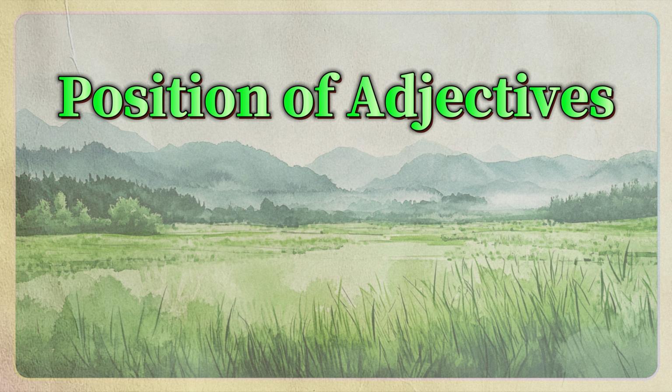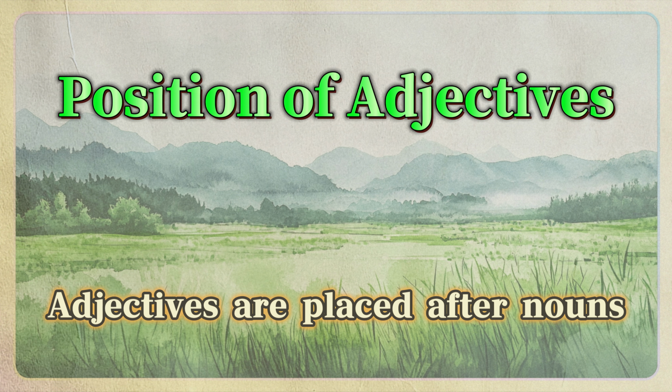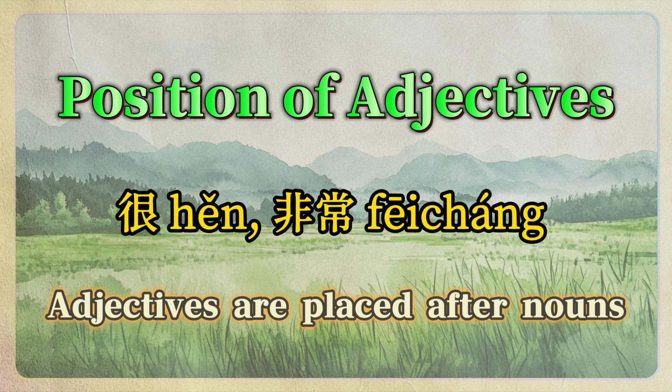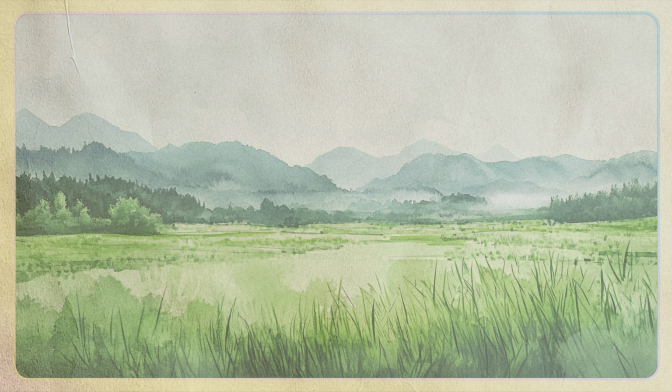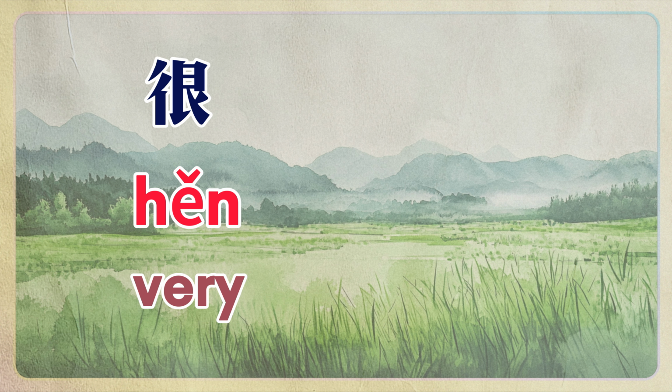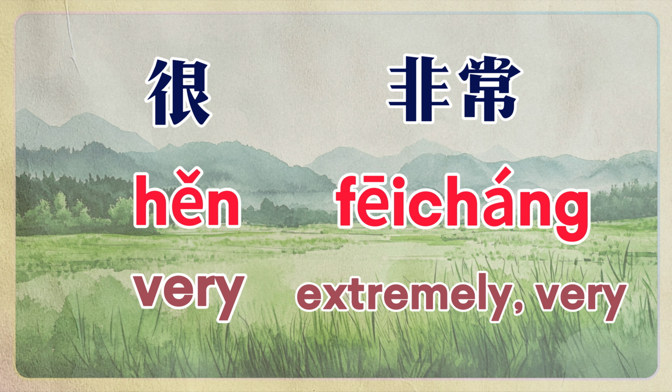In Chinese, adjectives can be placed after the noun, but the particles 很 or 非常 are used to connect them, indicating degree or emphasis. 很 means very, 非常 means extremely.